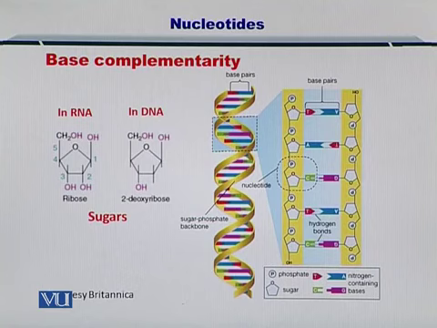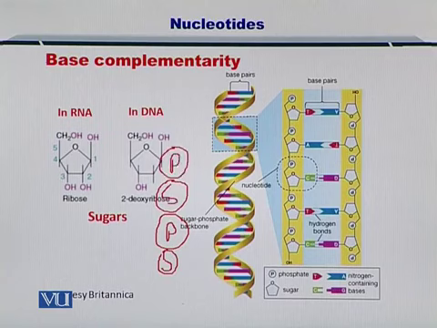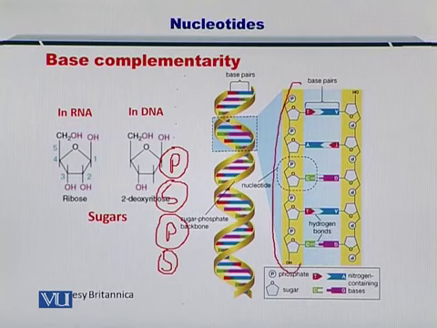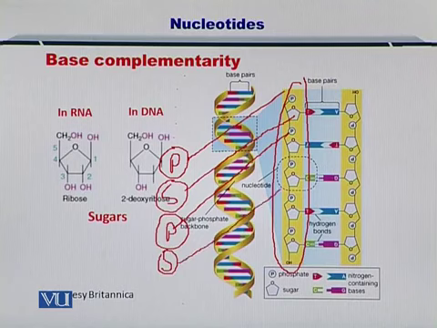So you essentially have a sugar, a phosphate, a sugar, a phosphate, and so on, which is actually shown here as well. Phosphate is shown by the P, while the sugar is shown here.